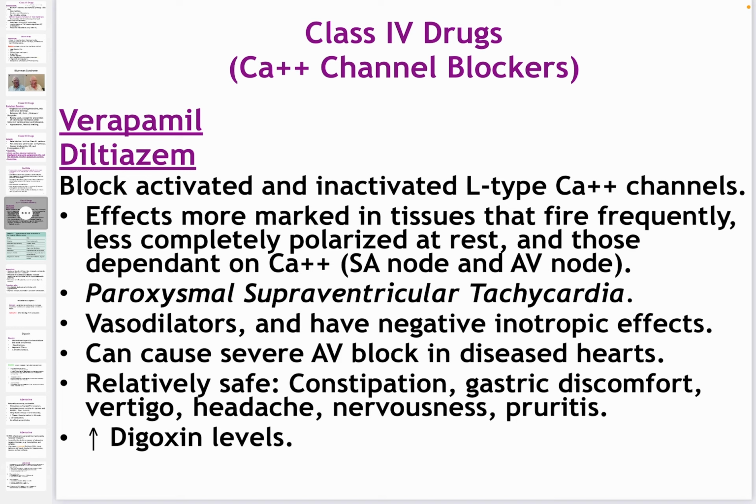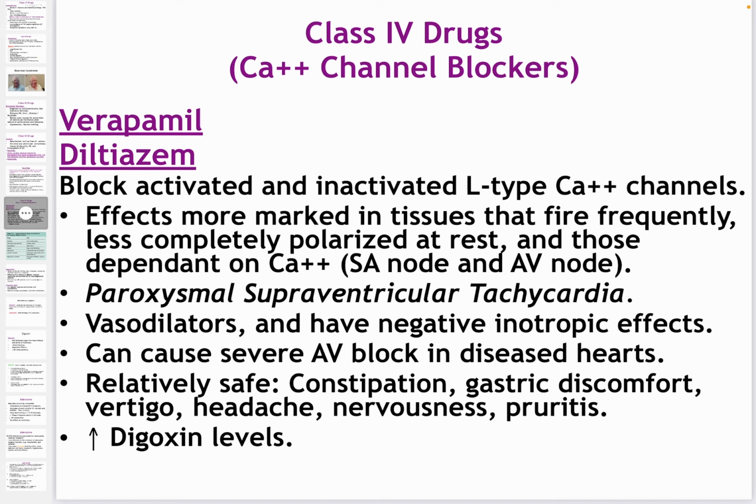So we're going to be affecting these kind of channels most commonly. Both of these drugs, verapamil and diltiazem, block the activated and the inactivated L-type calcium channel. So they decrease conduction. Yes, they affect the pacemaker cells and the conduction. The effects are more marked in tissue that fires frequently and is less completely polarized at rest.